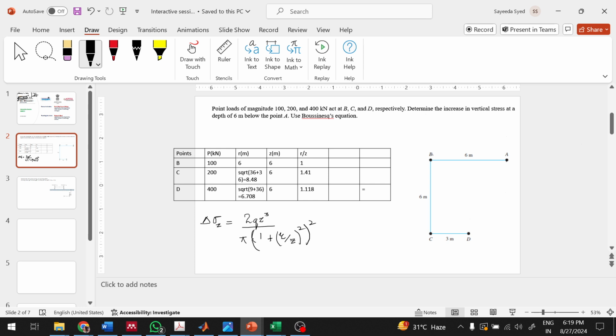So this was Z square at 4, 2Q by Z, I think. Let me verify again. Let me check the next equation.